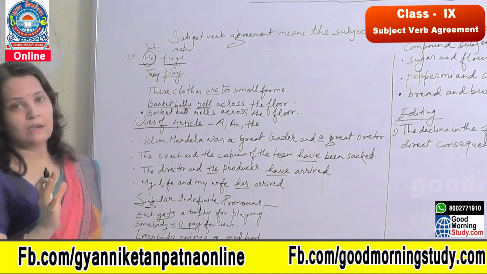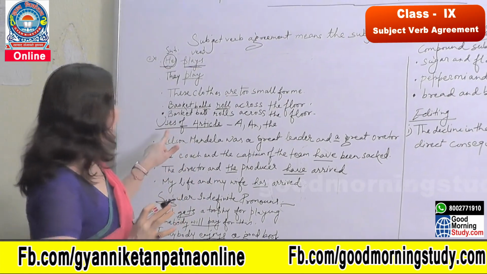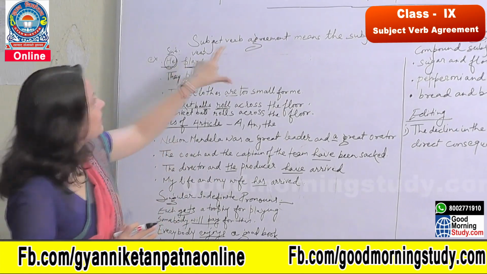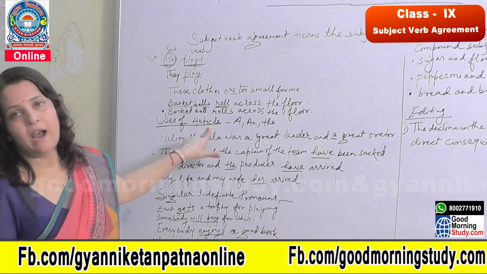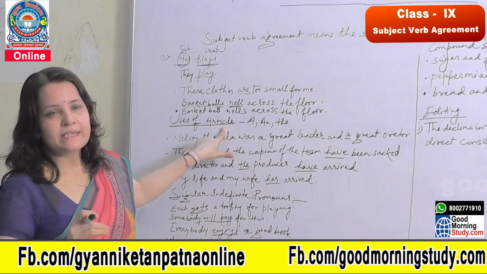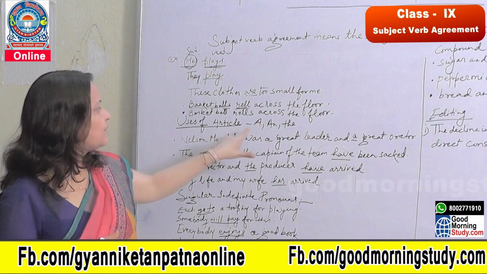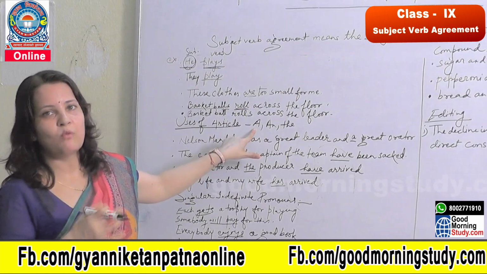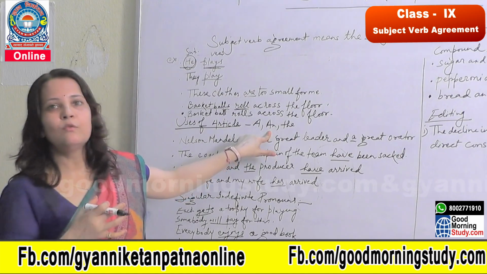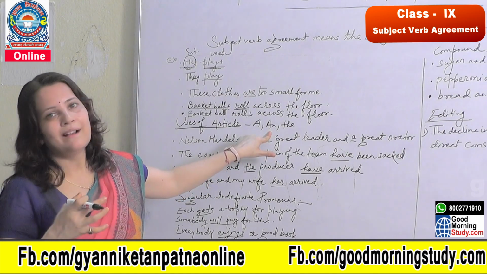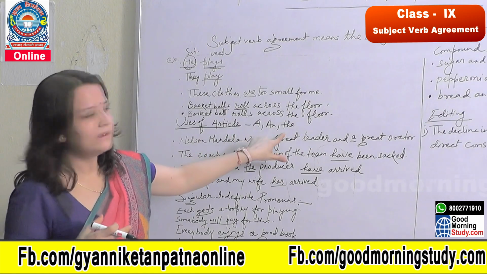Now the basic or most important part of subject-verb agreement is the use of articles. Since childhood, from UKG, students start getting a grip over the articles a and the, but several times they make mistakes while putting a and the.